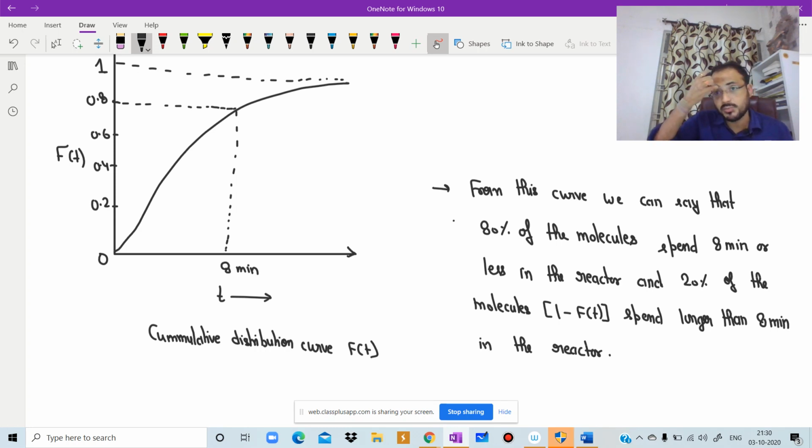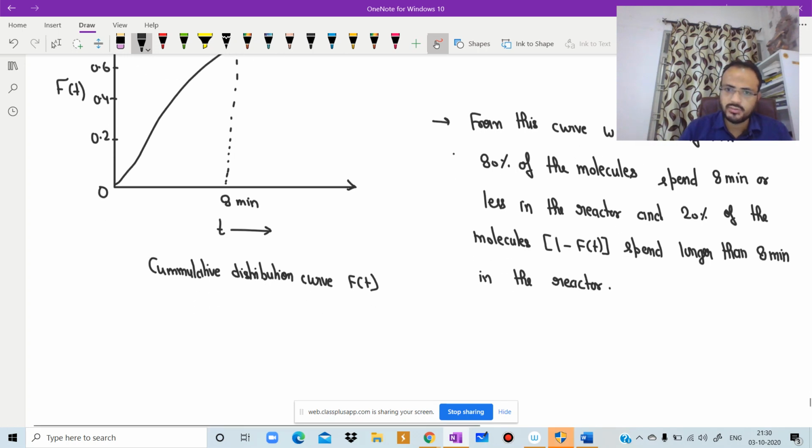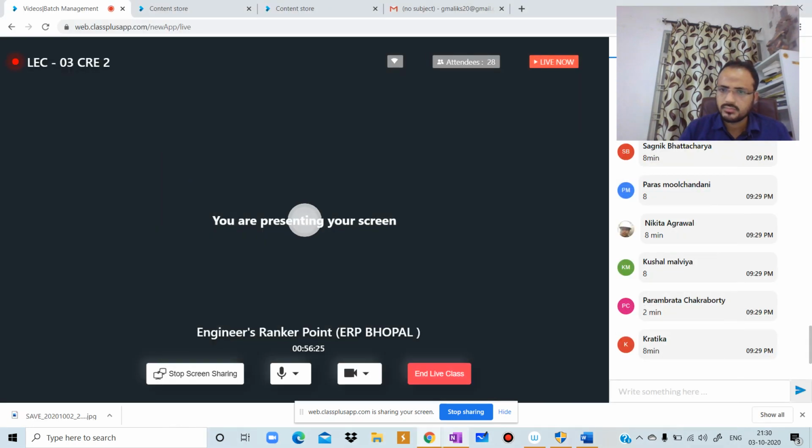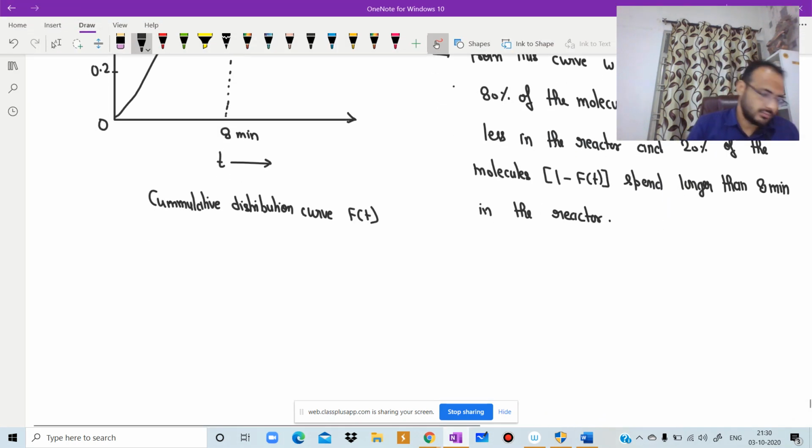Is it clear up to this point? There should be no doubt to any student. Here we are going to normalize: C by C naught means normalized.